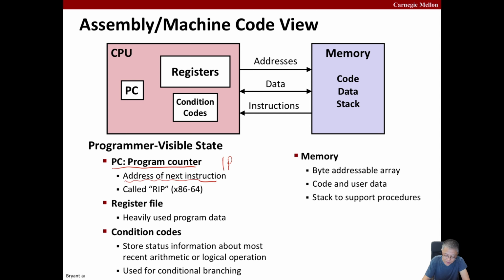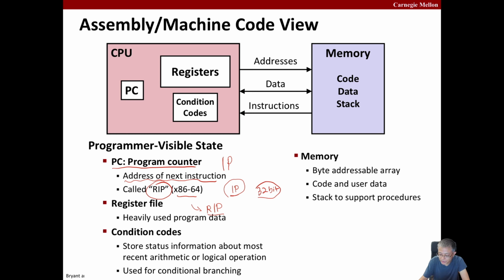It's called RIP in the x86 64-bit architecture, and IP, or instruction pointer, in the 32-bit architecture. Interestingly, for the 64-bit architecture, there is a register called RIP that you can actually access, but for the 32-bit architecture, you cannot directly access IP.